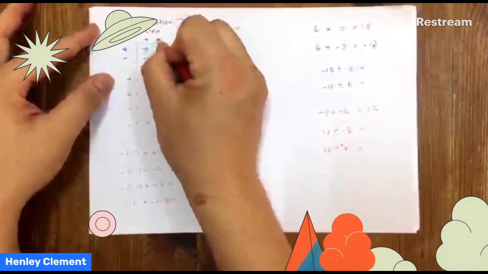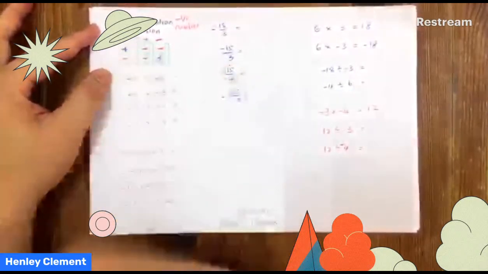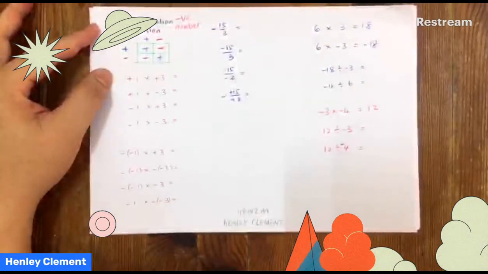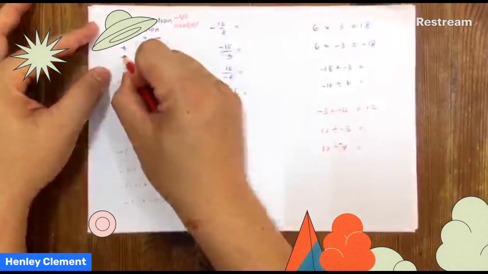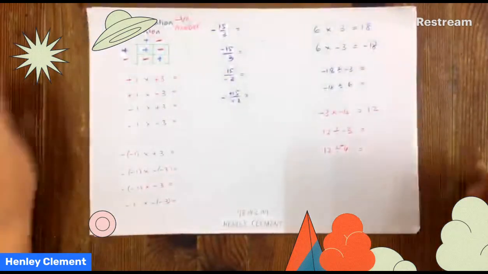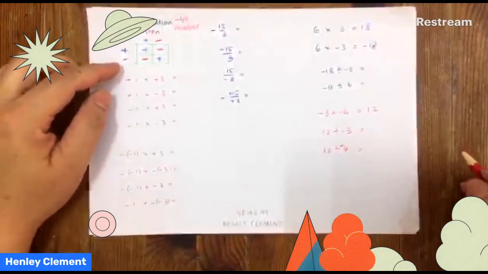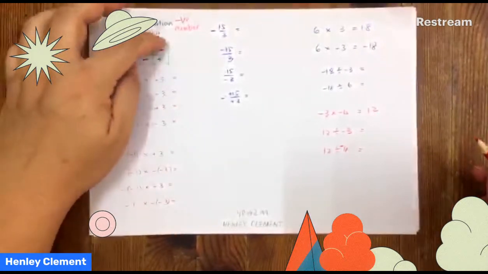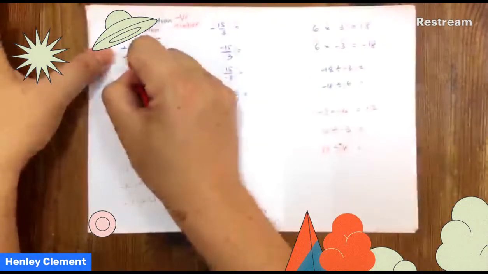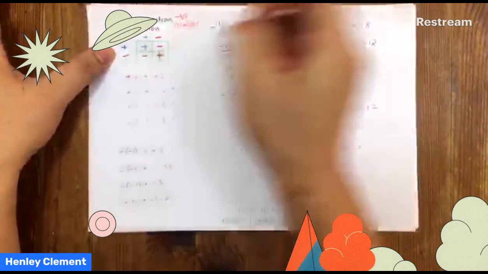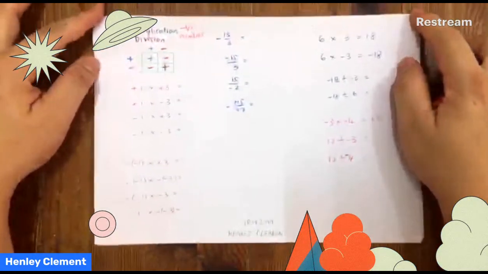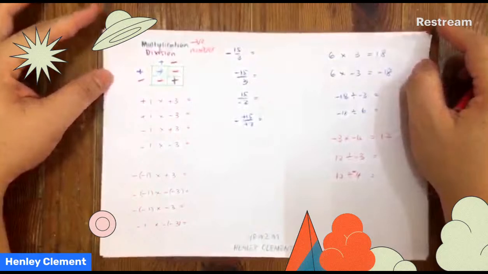Negative times positive, because this is one negative, will be negative. So watch out for this one. If negative times negative, one stroke, two strokes, it will give you a positive. Can you see the idea? Sorry, I think that thing covers it, right?